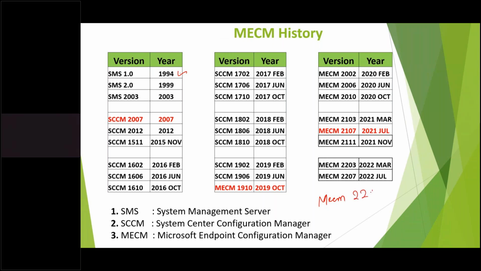This version 2211 was released in November 2022, last year. Previously, we called this product SMS, System Management Server, then SCCM, System Center Configuration Manager, and then the new name is Microsoft Endpoint Configuration Manager.